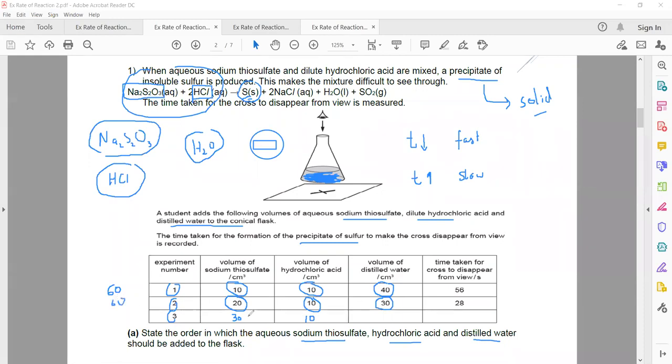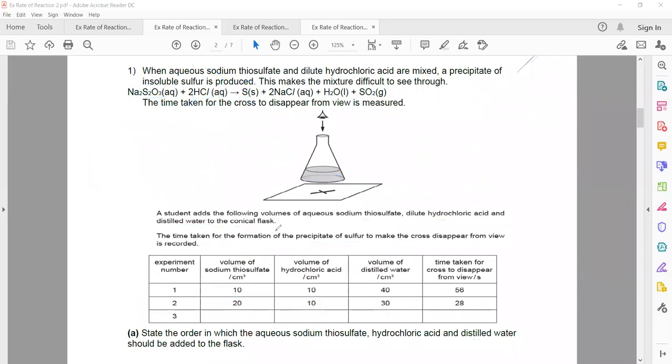If I took 30 cm cube of thiosulfate and 10 cm cube of hydrochloric acid, how much water should be there? So water should be 20 cm cube because 30 plus 10 is 40, 40 plus 20 makes 60. Same thing, if it was 40 cm cube and 10 cm cube hydrochloric acid, how much water should be there?